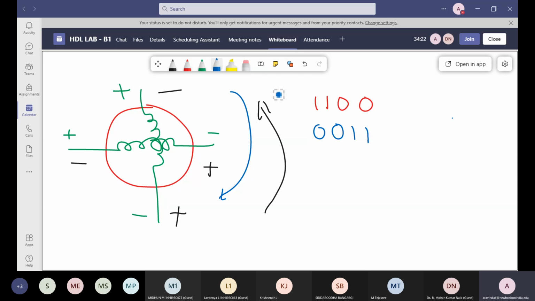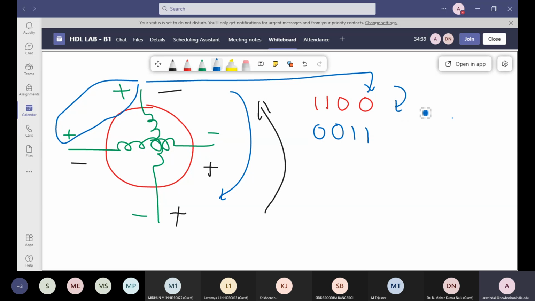Now remember, this 1 1 0 0 is corresponding to these two. 1 1 0 0, plus plus minus minus. So we can say the direction of the movement is clockwise.